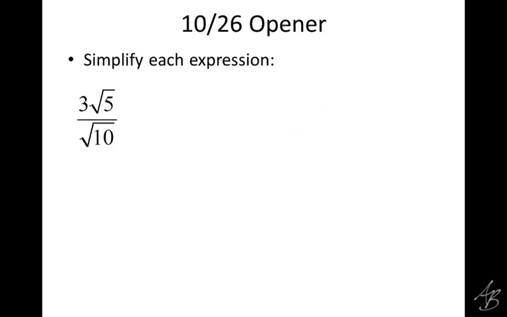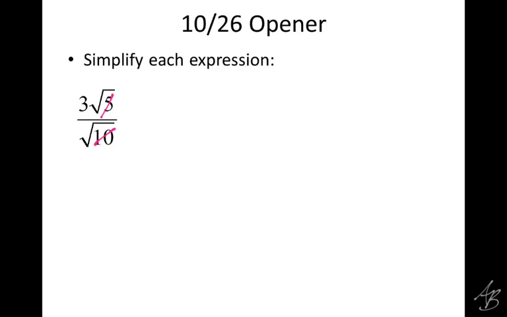All right, last one. This is also a dividing square roots problem because it's a fraction, right? So, can we reduce coefficients? Can we reduce this 3 with anything? No. Can I reduce the radicands? Yes. The 5 and the 10 can reduce. What goes into 5 that also goes into 10? 5.